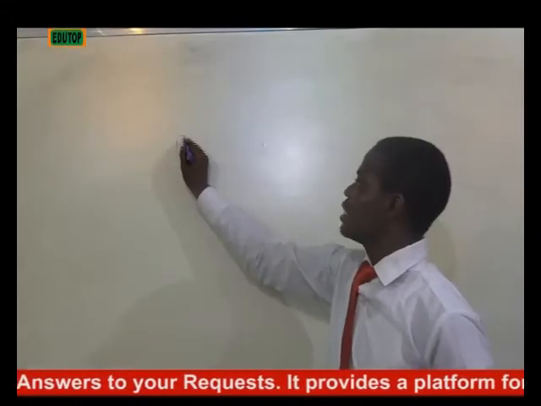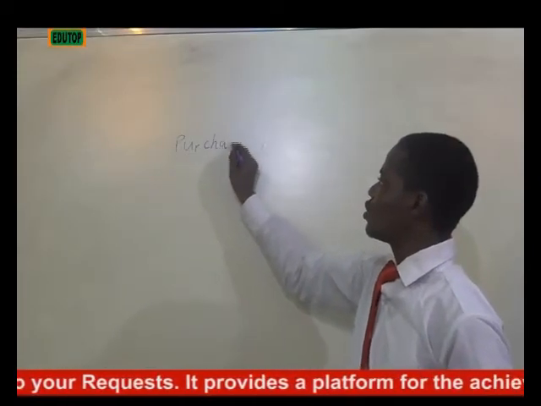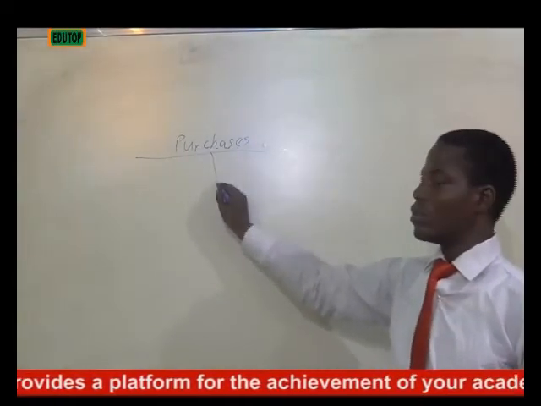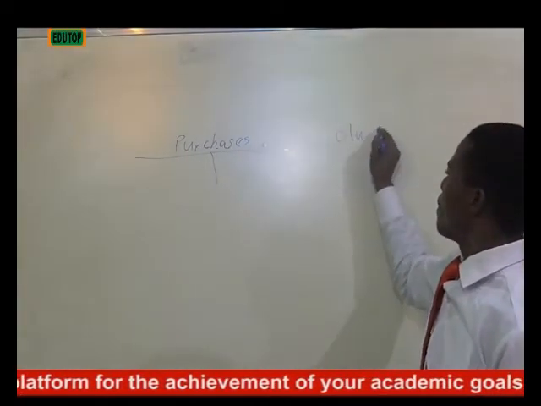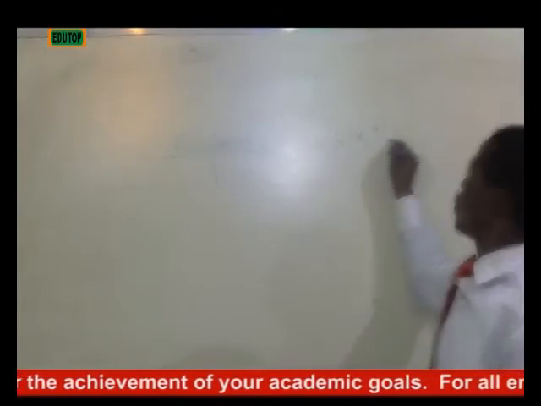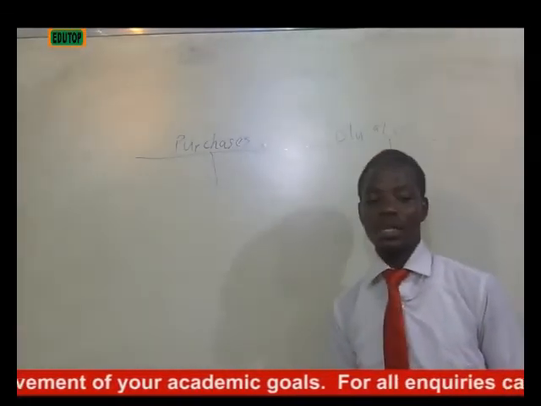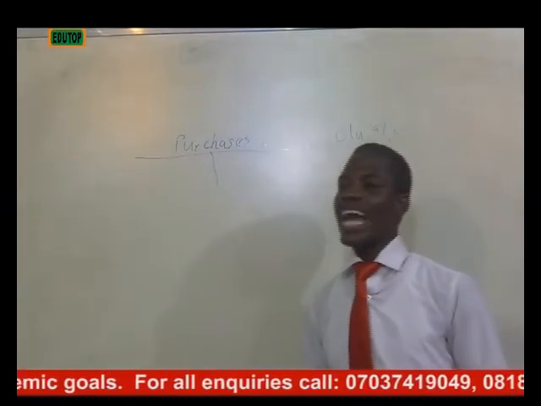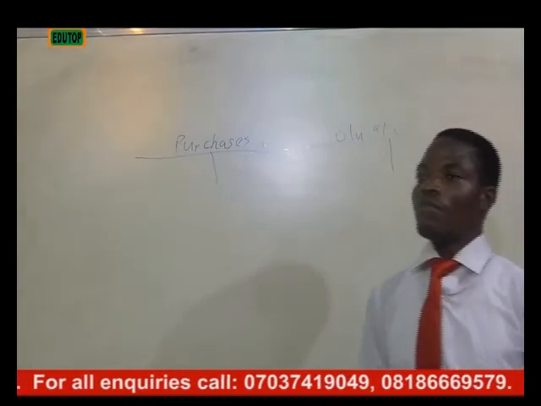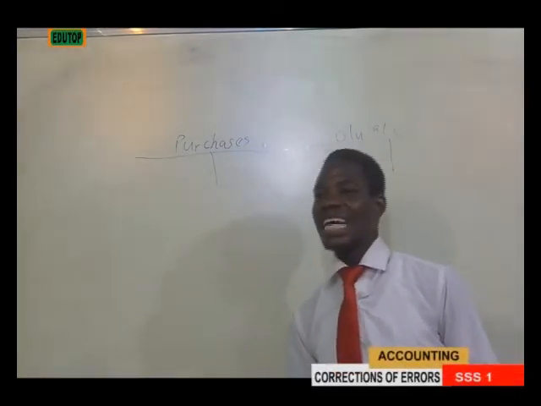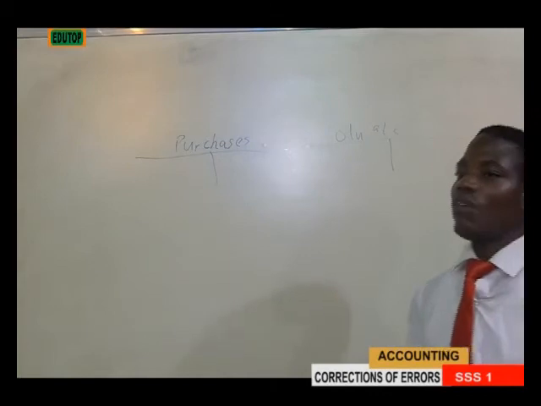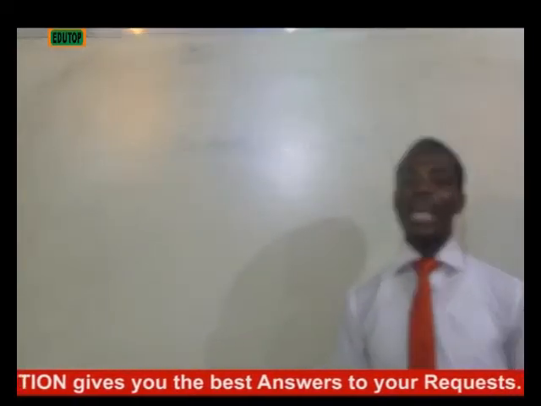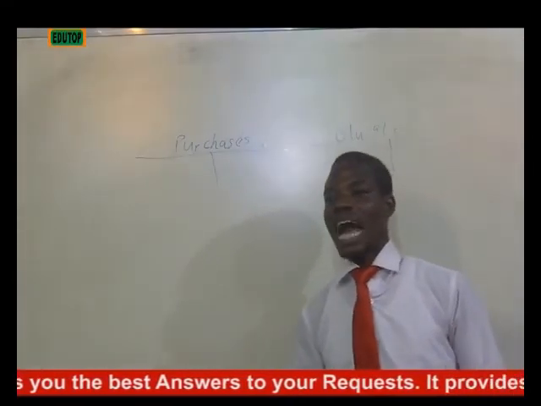This is how it goes: purchases, and Olu's account. It said purchase of goods 490 from Olu entered in the account as 940. That means instead of entering it as 490, it was entered as 940 at the end of the day.